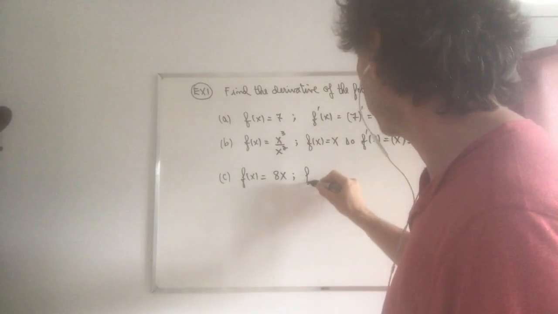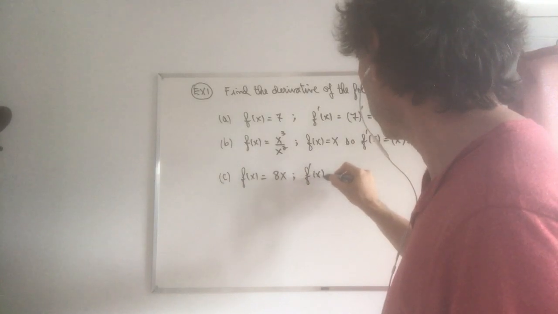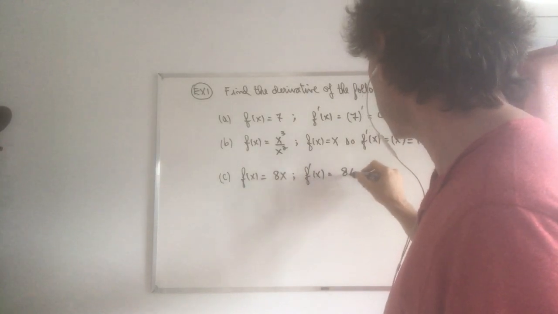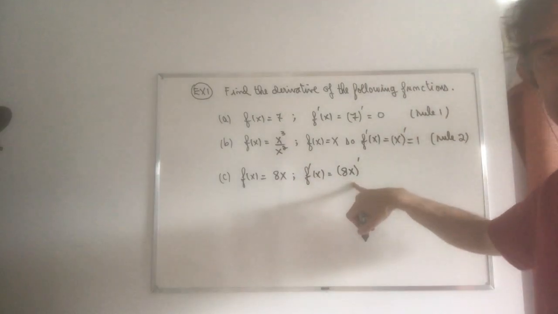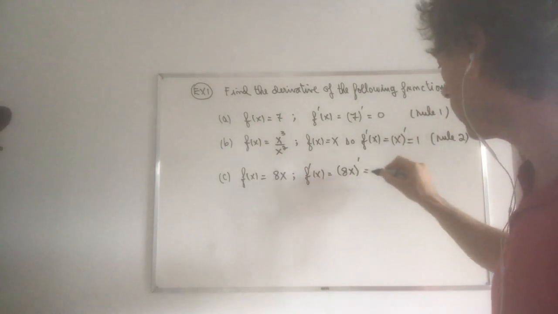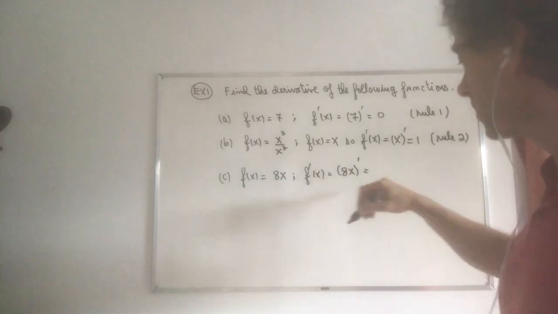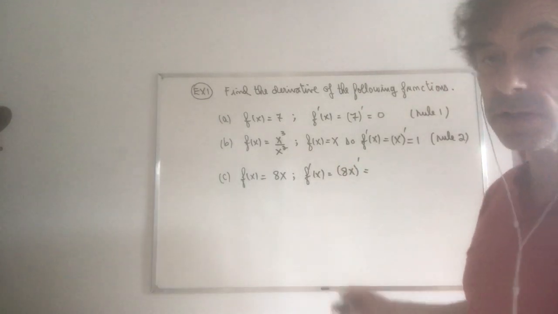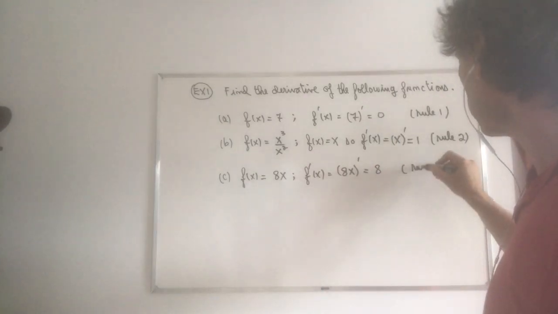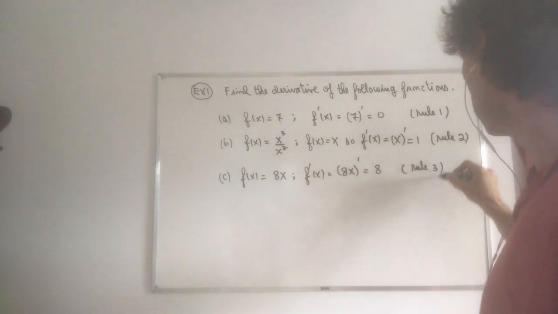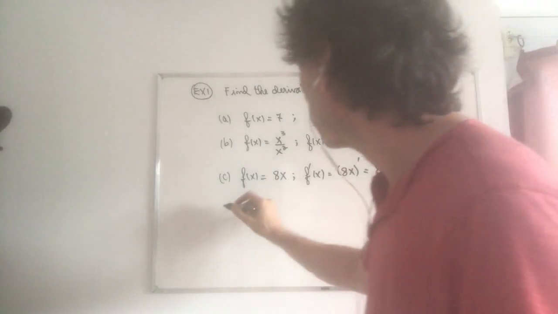So f prime is the derivative of 8x. Do you recognize this to be c times x? So this is rule number 3. The derivative of c times x is c. So that's 8. And that is true by rule number 3.